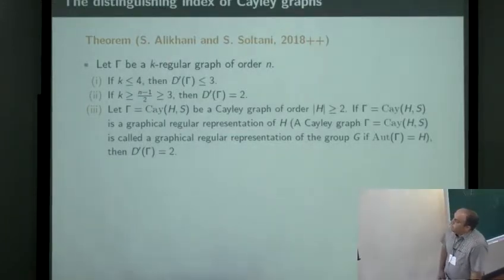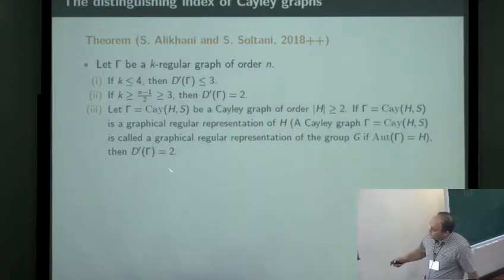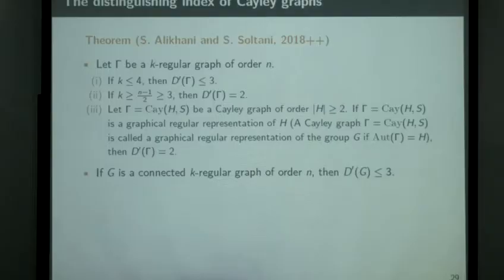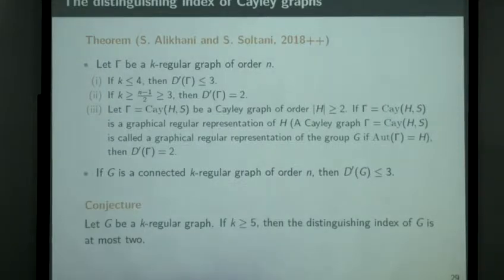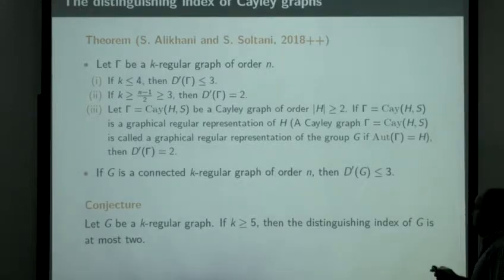And the third one says if gamma is a Cayley graph and a graphical regular representation of H, then the distinguishing index is exactly 2. And if it is a connected k-regular graph, then D'(G) is less than or equal to 3. And we have this conjecture that if G is a k-regular graph for k greater than or equal to 5, the distinguishing index should be 2.